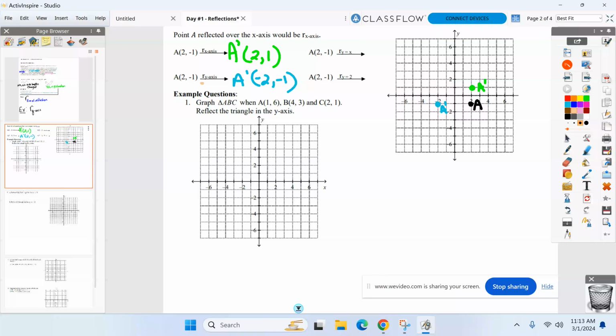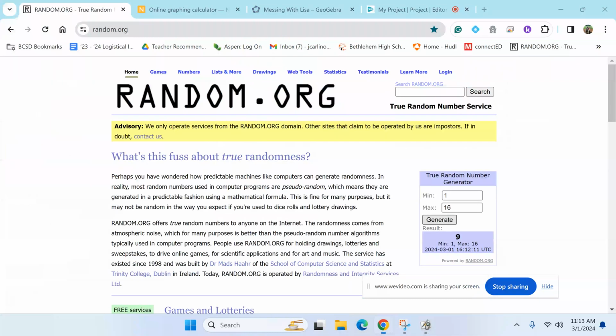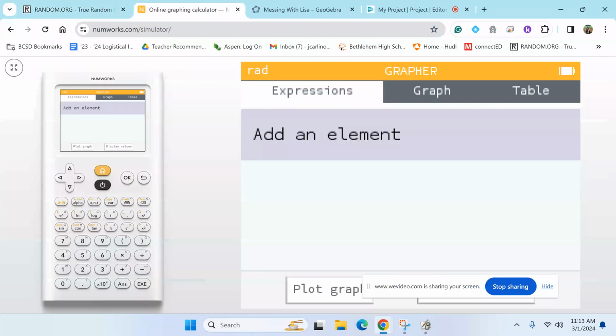So if you're ever unsure what the line looks like, here we go. You go to Grapher. We haven't used this function at all yet this year. You're unsure what y equals 2 looks like, so graph it. Once it says to add an element, you can hit enter, and up pops a bunch of templates you can choose from.